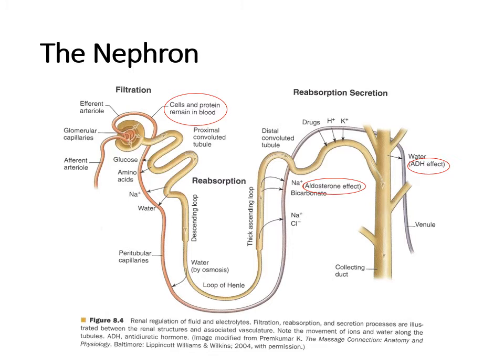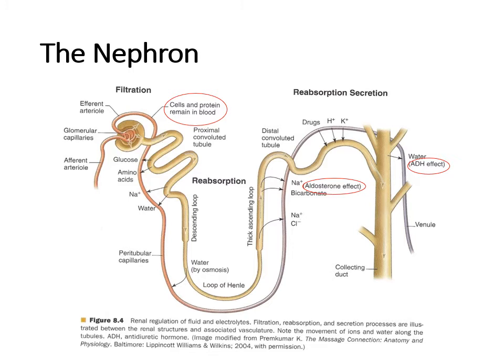Okay, so as we go through the first part of the nephron from the glomerulus, you'll see that glucose is being taken back by the bloodstream. It's being reabsorbed. Amino acids, reabsorbed. Water is being taken back. Sodium is being taken back.